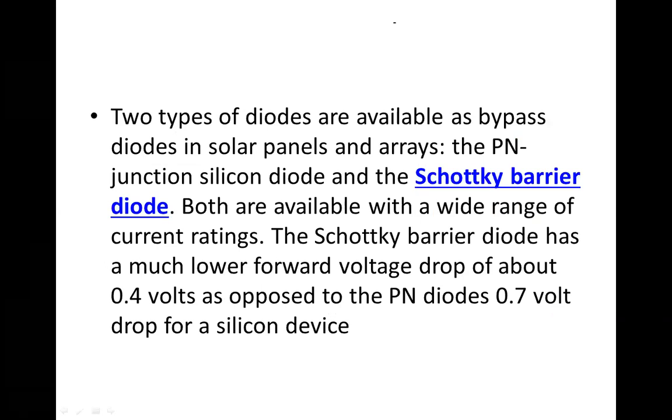Two types of diode are used: the PN junction silicon diode and the Schottky barrier. Again, choosing one of them depends on your situation. The Schottky barrier diode has a much lower forward voltage drop, about 0.4 volts, but the PN diode has a higher voltage drop of 0.7.